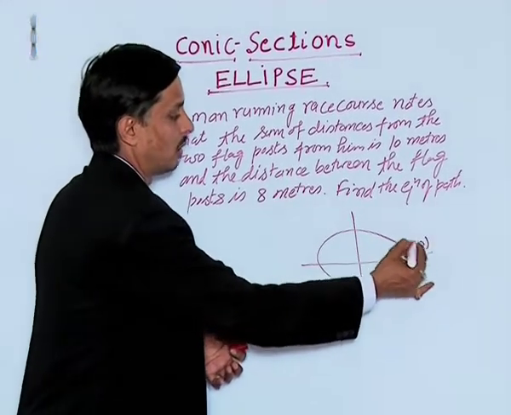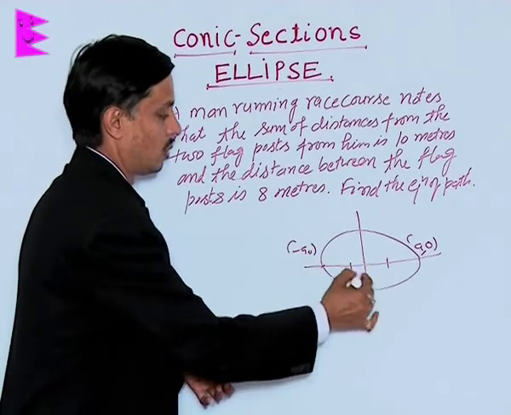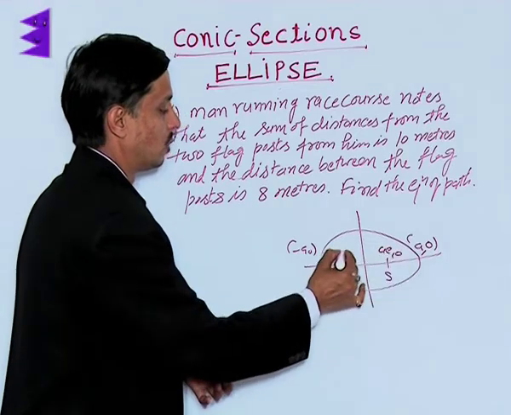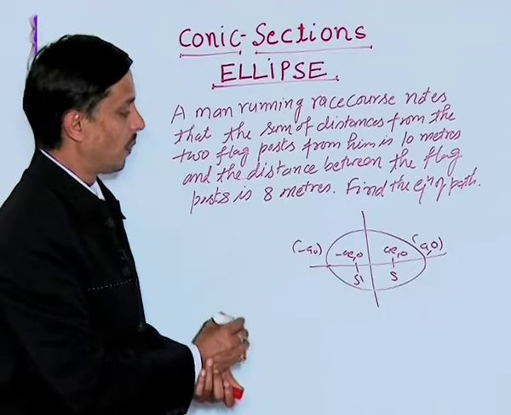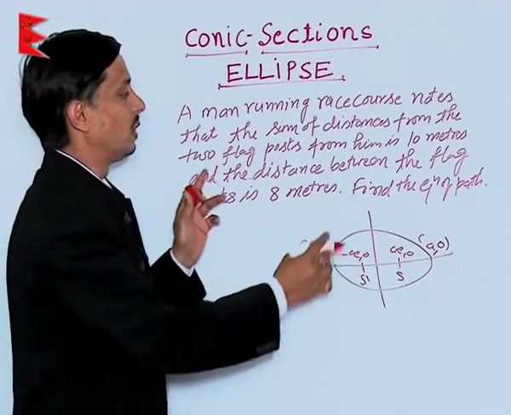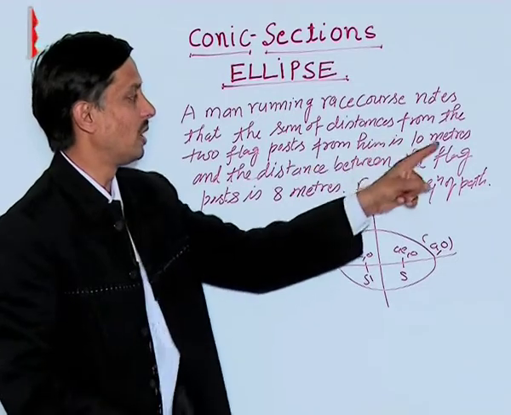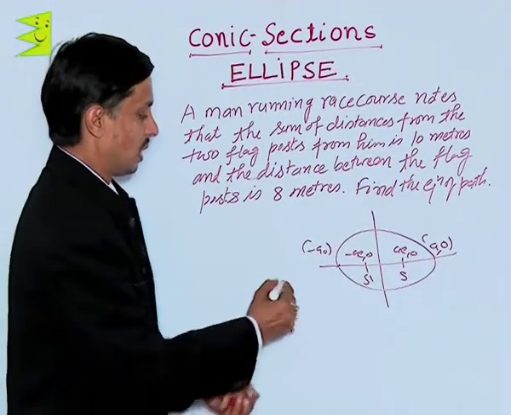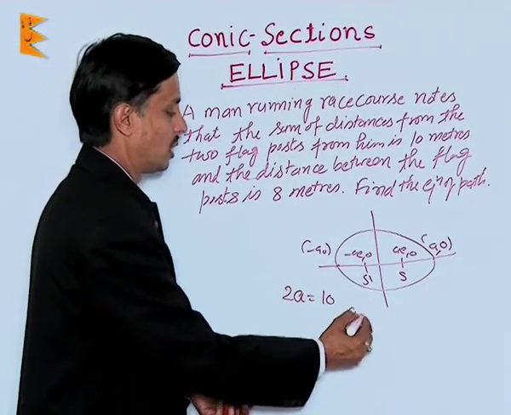Vertex coordinates a comma 0 and minus a comma 0. Two foci S and S dash, ae comma 0 and minus ae comma 0. He finds the sum of the distances from the two flag posts is 10 meters. These are the two flag posts, so 2a is 10, or you can say a is 5.